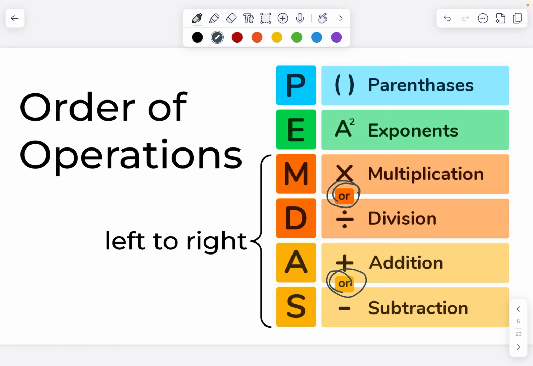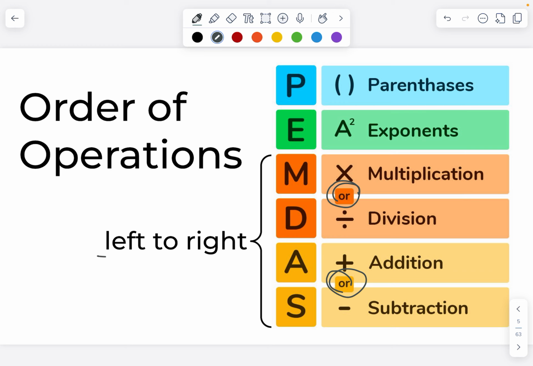Now, the one thing that I know can cause people some issues is when we say it, we say PEMDAS, right? We say parentheses, exponents, multiplication, division. So when we say that, we say multiplication before division. So our brain might think that we have to do multiplication before division.